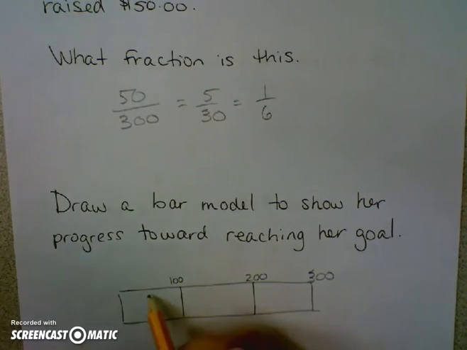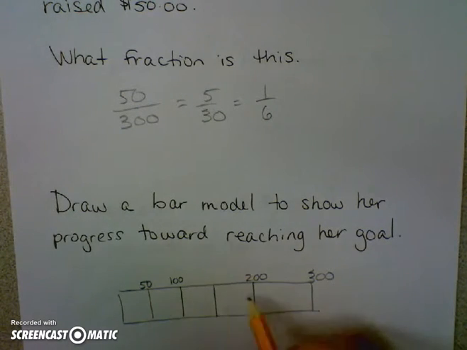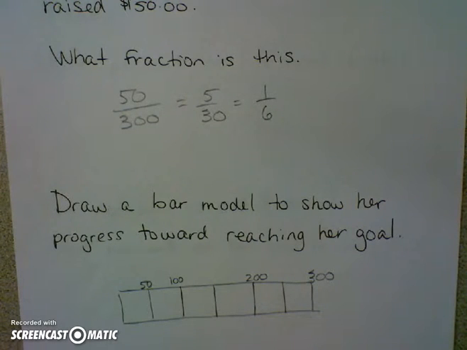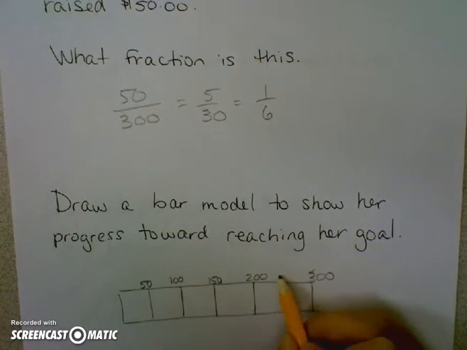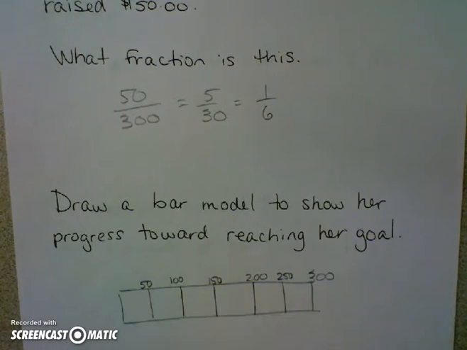And I know that half of 100 is 50. If I cut this piece in half, I also have to cut the other pieces in half to keep my equal size pieces. 50, 100, 150, 200, 250, 300.